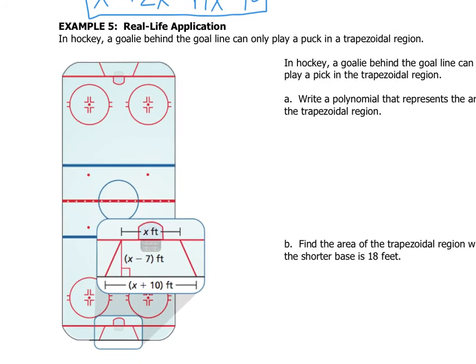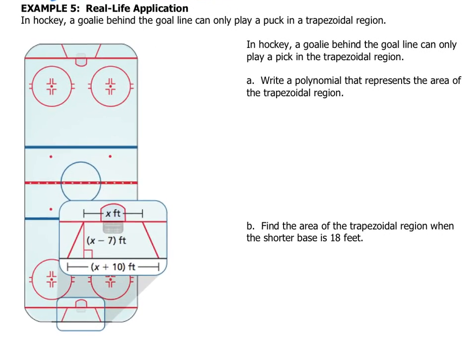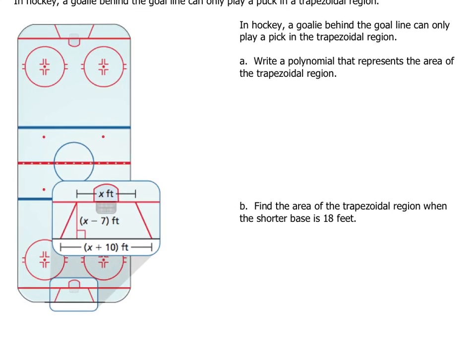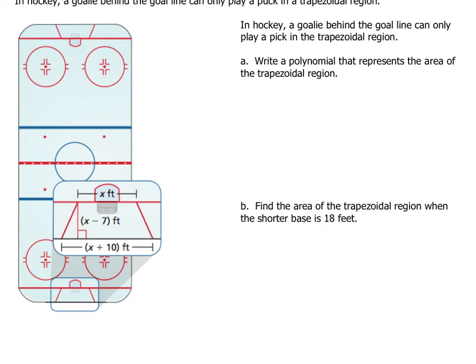Now lastly, we want to look at this. The goalie area behind the goal line is a trapezoidal region. So we first want to write here a polynomial that represents the area of the trapezoid region.